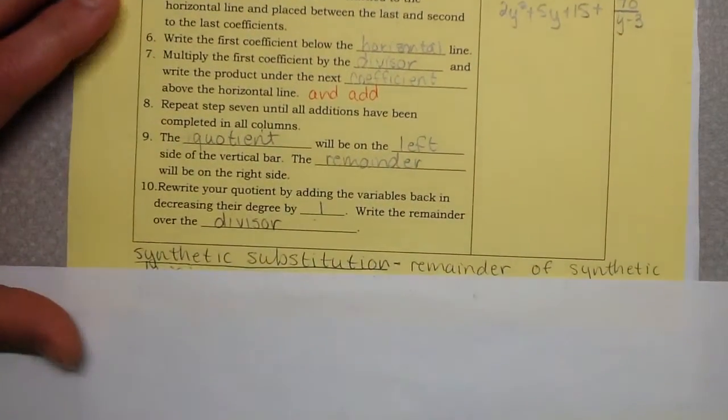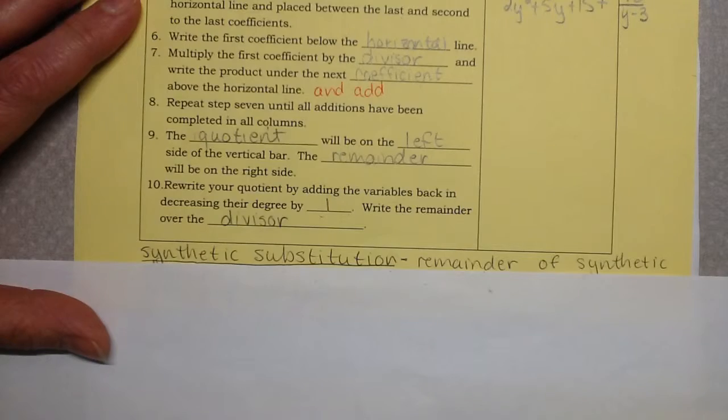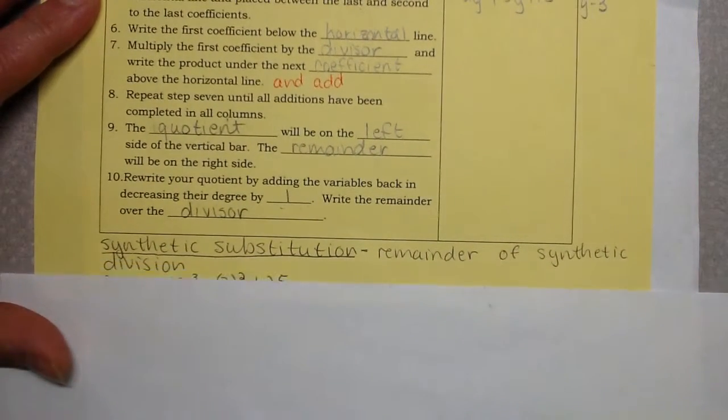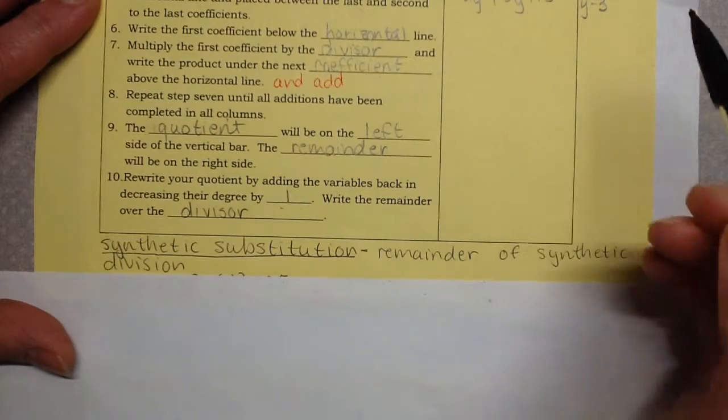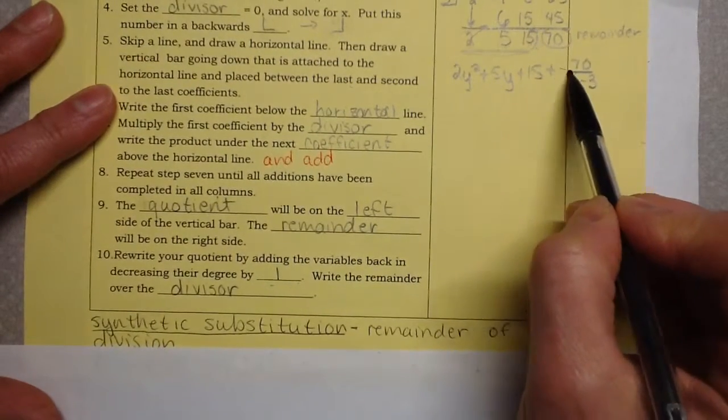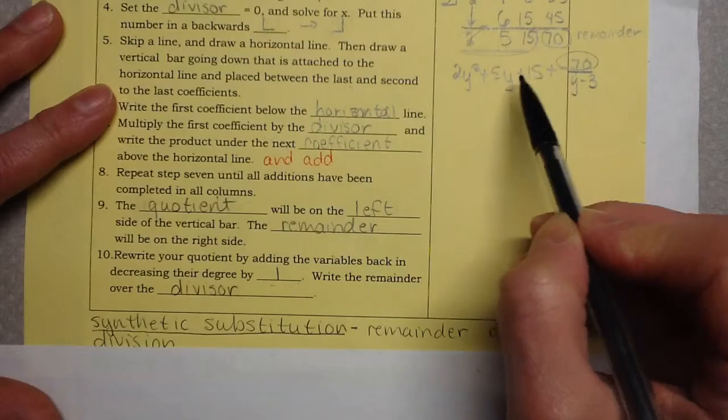Now I just want to say a word about synthetic substitution. Synthetic substitution gives the remainder of synthetic division. So basically, if I do substitution, I should get 70. Let's see if that happens.